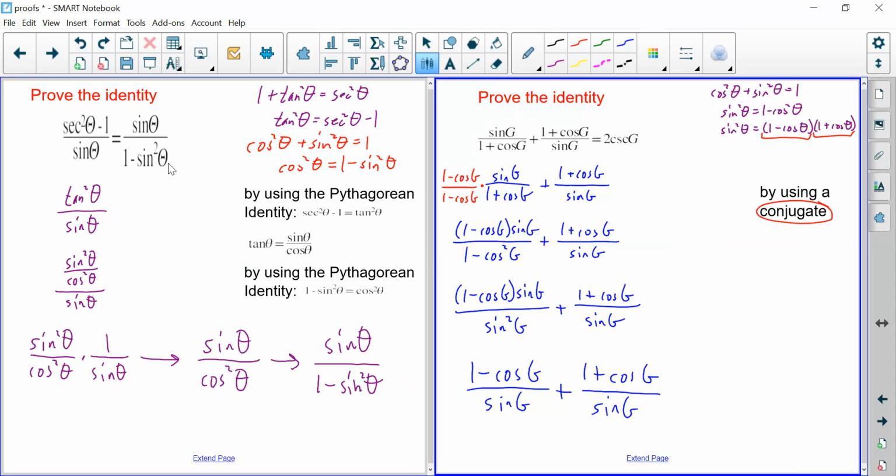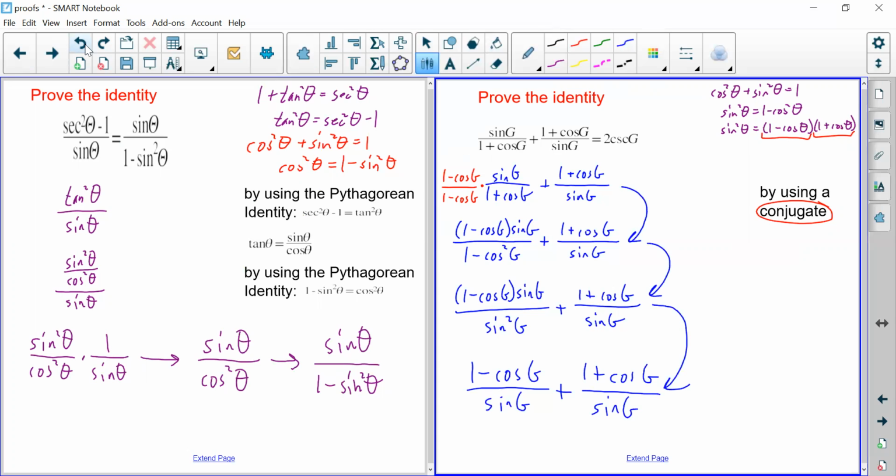But 1 plus cosine, you need to recognize that that is one half of the conjugate pair that would give you 1 minus cosine squared, which is the same thing as sine squared. And so that means that you could express that as sine squared, which will cancel out with a sine. So anyway, I multiply by 1 minus cosine over 1 minus cosine, and then simplify, simplify, and simplify.